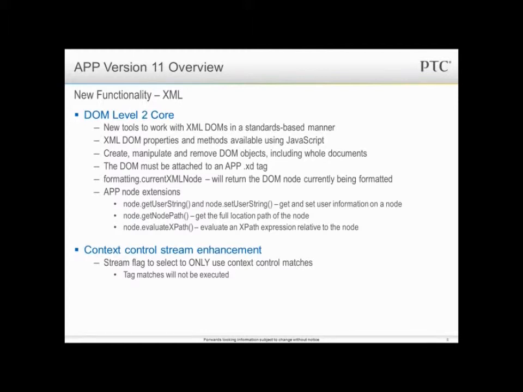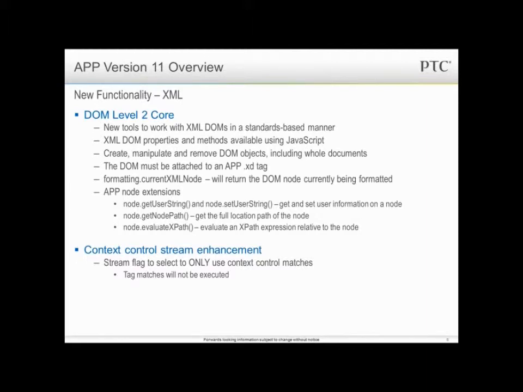We've also extended the context control streams slightly in version 11 F000, which is the main release, the first release to customers. We provided a stream flag so that you can control how contexts are matched. Before this flag was introduced, APP would not only match the contexts which are declared in context control streams, but would also match the tag in the old traditional way, from before context control streams were provided.